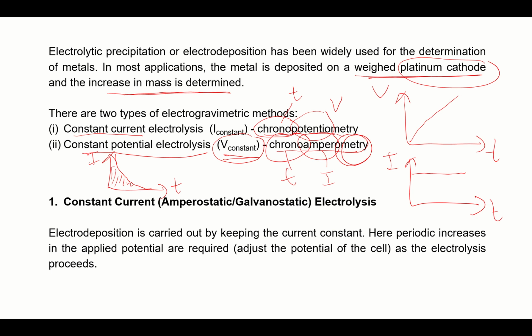Electrodeposition will be carried out by keeping the current constant. Here, periodic increases in the applied potential are required, by adjusting the potential of the cell as the electrolysis proceeds. So you just apply a constant current here. This technique we call chronopotentiometry.